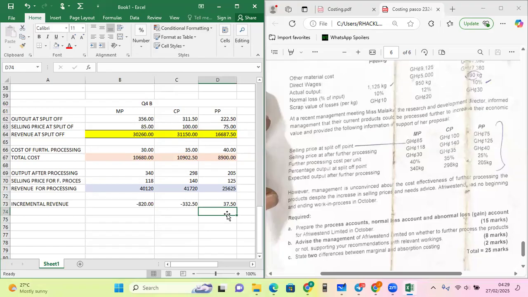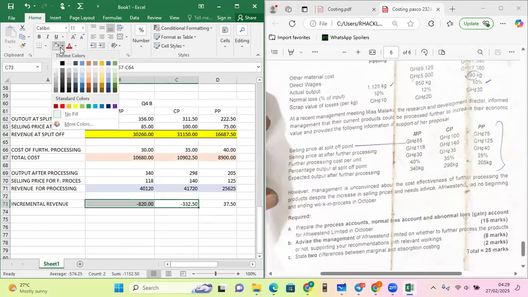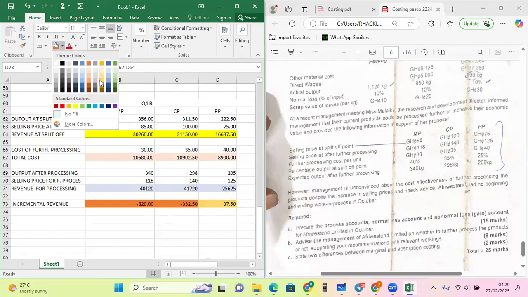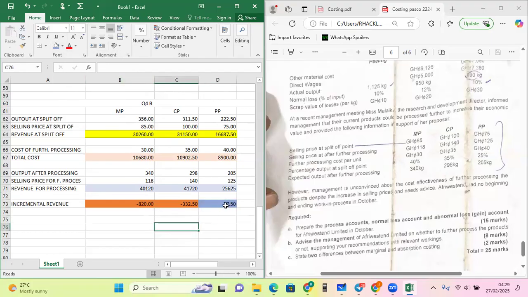So meaning that we can approve further processing for this one. But these ones give us negatives, and this one gives us positive, so we can accept to further process.